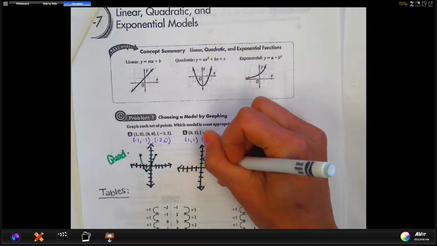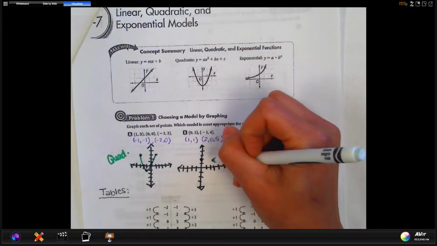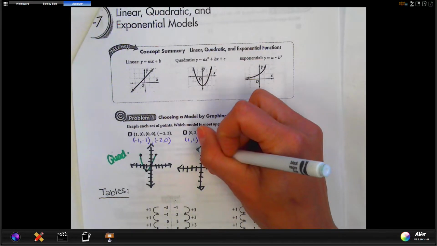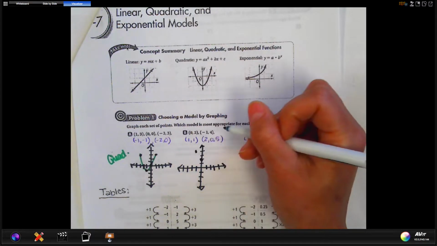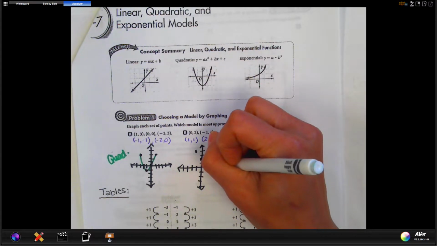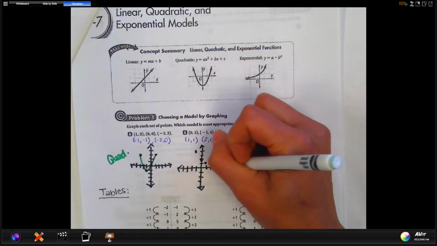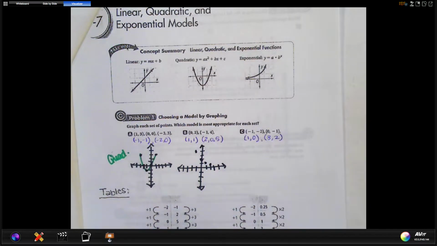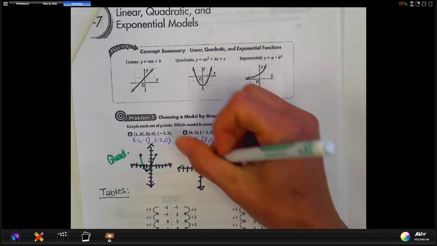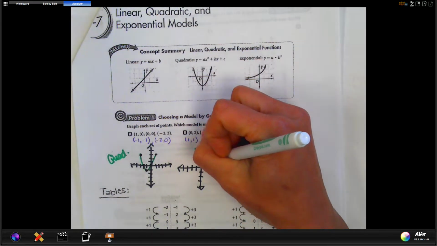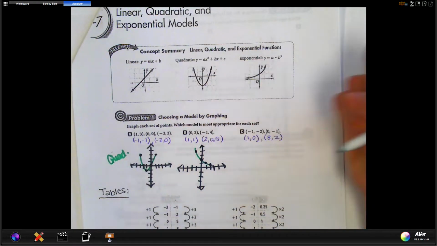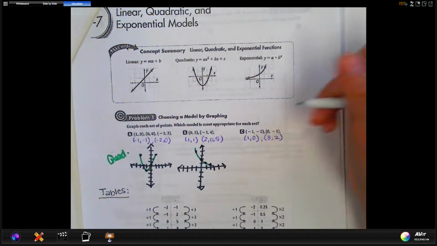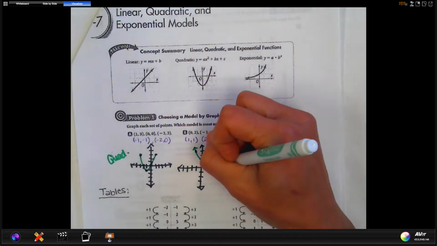So 0, 2; negative 1, 4; 1, 1; and 2, 0.5, and that one's kind of hard to put in. But when you connect them, what kind of graph is that going to end up making? Exponential, that's right. It's making that curved shape.